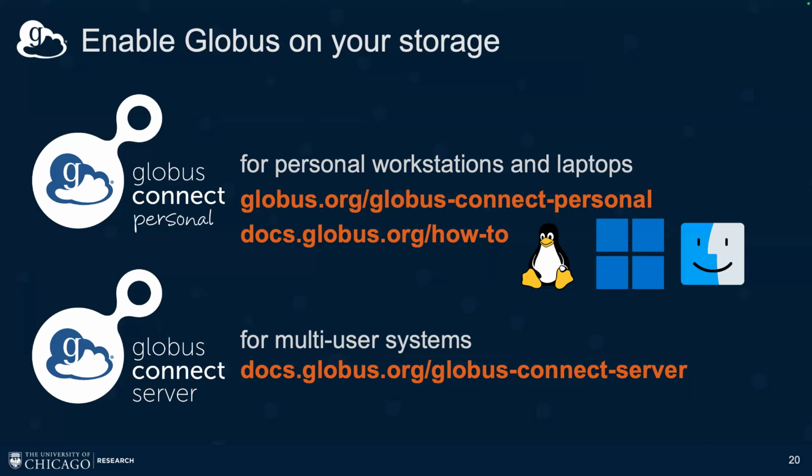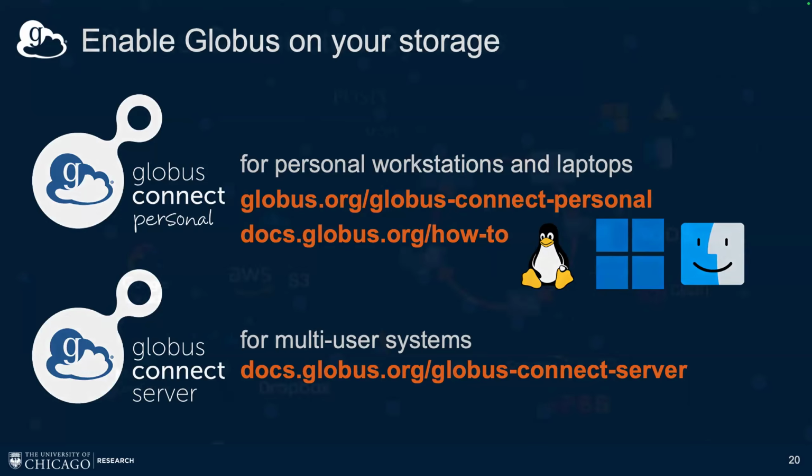A classic example is the storage at your research computing center, the storage that your university or campus or institution offers to all of its researchers. So it's being used by many people. And generally, that's installed and maintained by whoever's the system admin of that storage.